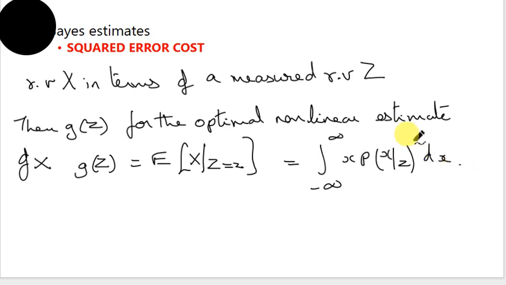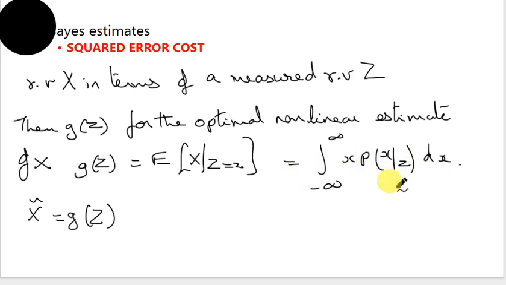Okay, here my x tilde, which is my g of cap z, is taken into consideration to be given by this integral, minus infinity to infinity x p of x restricted to z into dx.